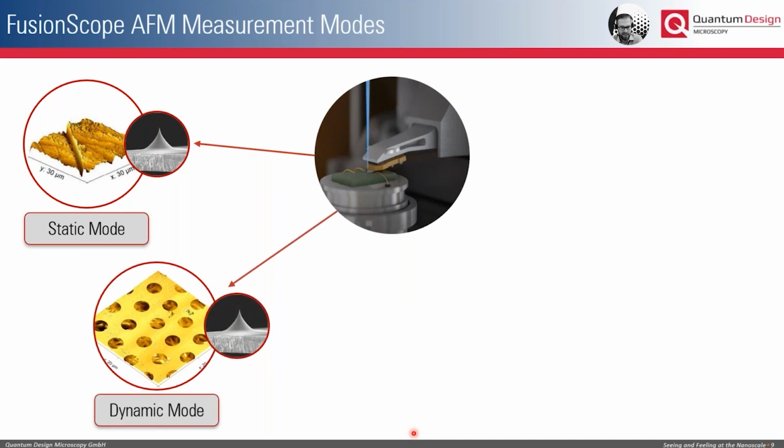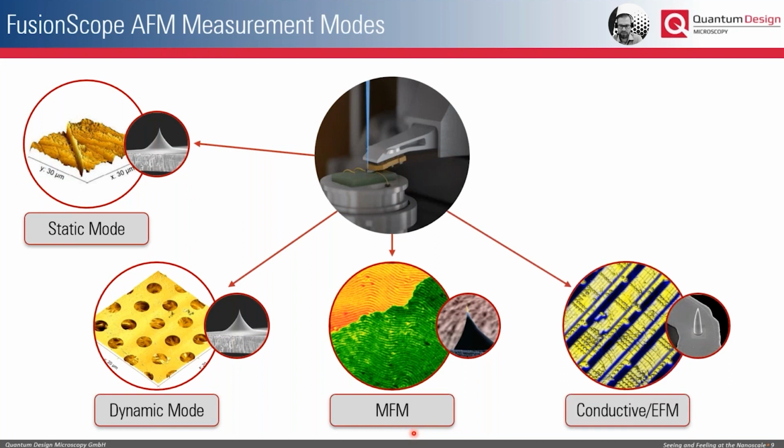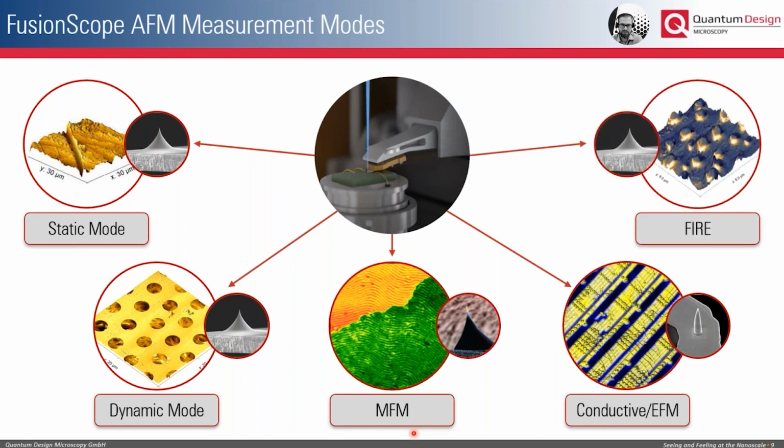We can do the dynamic or tapping mode imaging, and we can also do the advanced modes like MFM, where we measure the magnetic properties with the magnetic tip, or target the electric properties by performing the classical conductive or EFM measurements. The FusionScope also has a very unique off-resonance mode, which we call the fire mode, that also enables you to measure the mechanical properties of your sample very easily and fast.